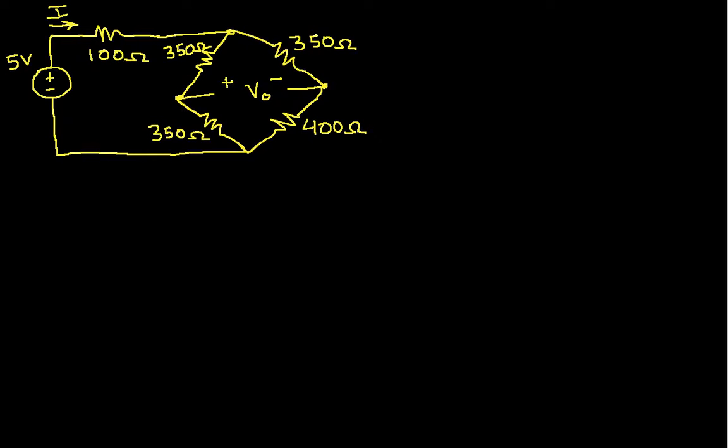The resistance of a strain gauge is proportional to the strain on that gauge. There's also a device called a thermistor, where the resistance is a fairly complicated function of temperature. So you can use a thermistor to measure temperature.